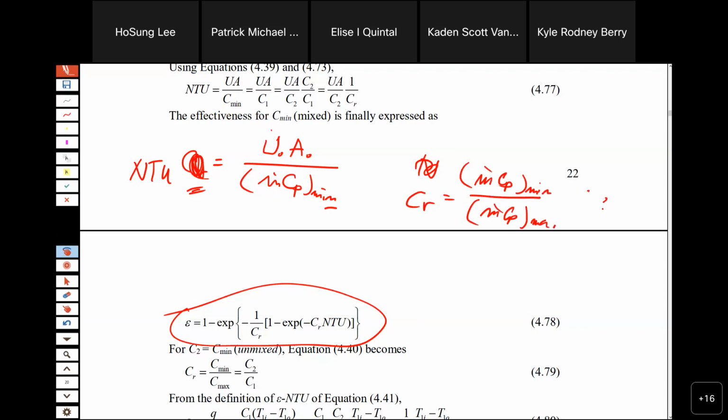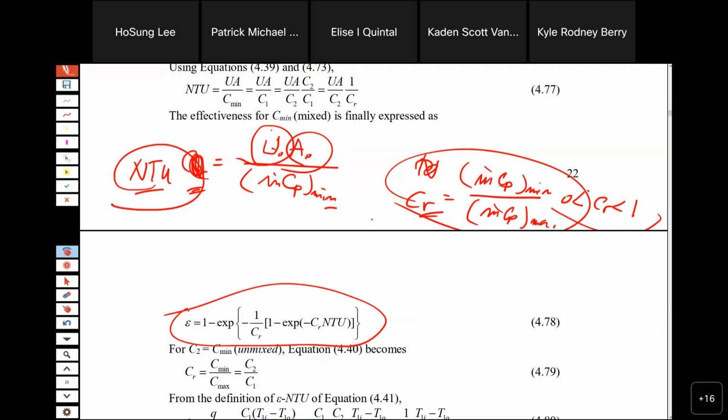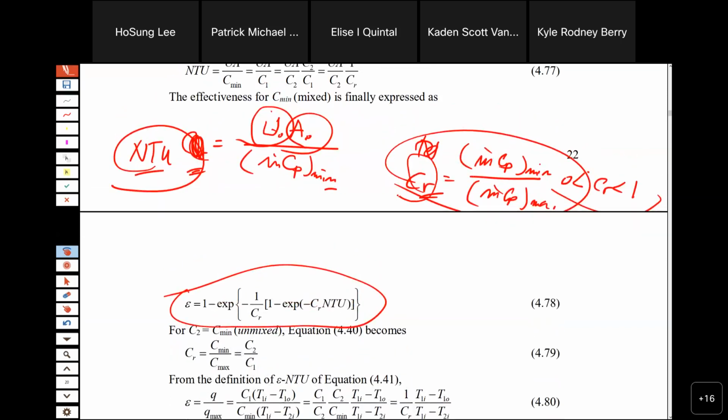So CR is less than 1, greater than 0. The NTU needs U or UA, so you have to work on that. Once you have UA, you know the NTU, you know the CR, then you know the effectiveness, then you know the outlet temperature.